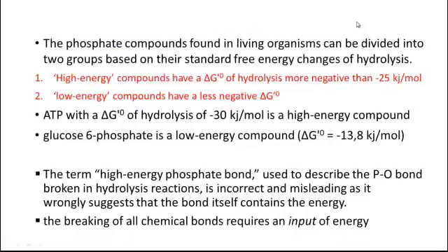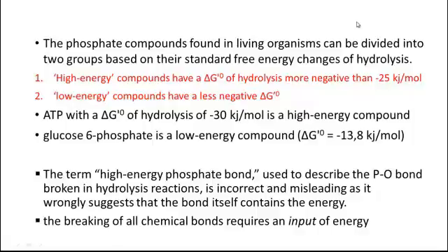We discussed before that the phosphate compounds found in living organisms can be divided into two groups based on the standard free energy changes as a result of hydrolysis. One is high energy compounds and the other is low energy compounds, and we discussed the details before. Here an important point is that the term high energy phosphate bond is usually used by biochemists to describe the bond between phosphorus and oxygen.